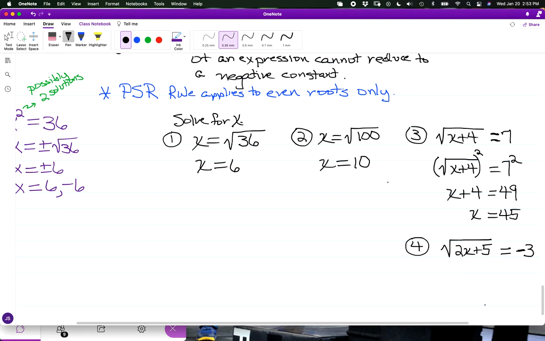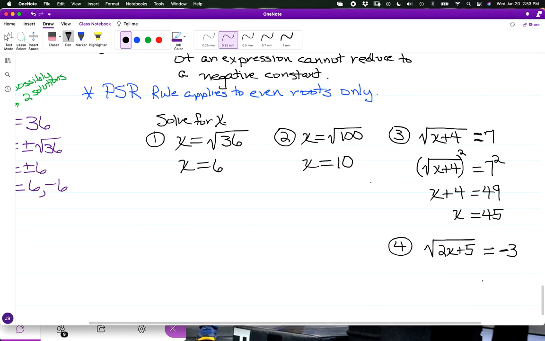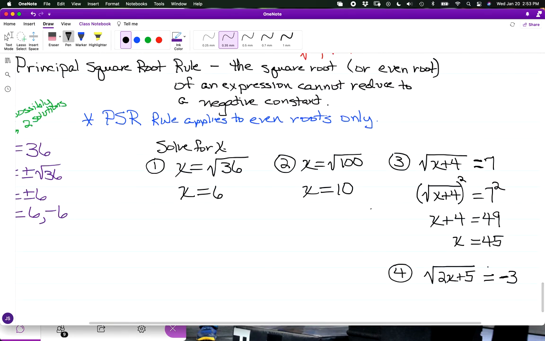And guess what? We still have an even root with the square root of 2x plus 5. This square root, still an even root of an expression, cannot reduce to a negative constant. You notice negative 3 is in violation. Because of the negative sign that we have, there will be no solution for x.